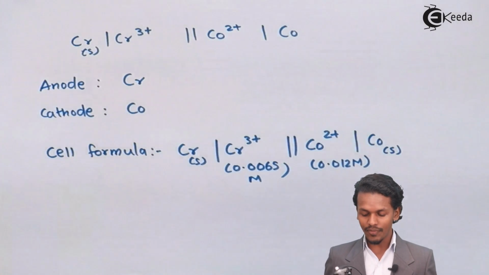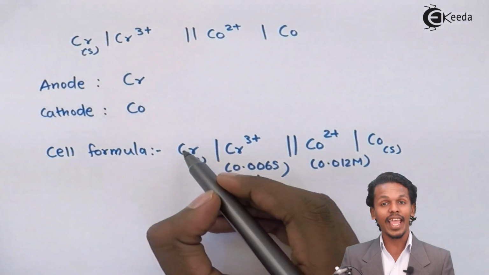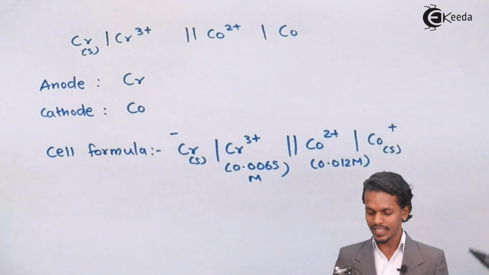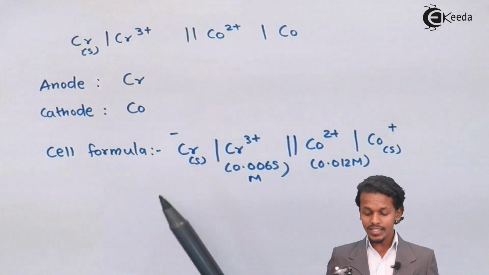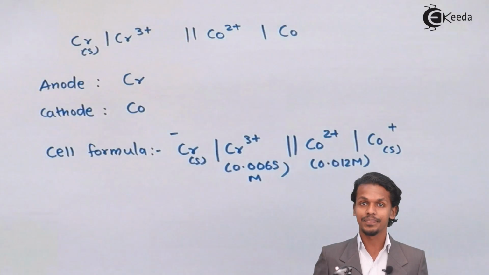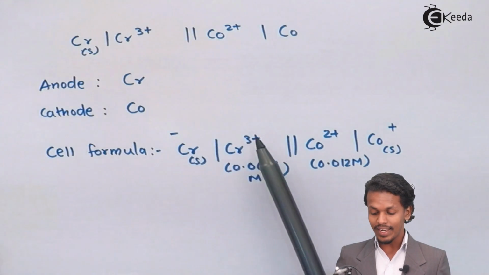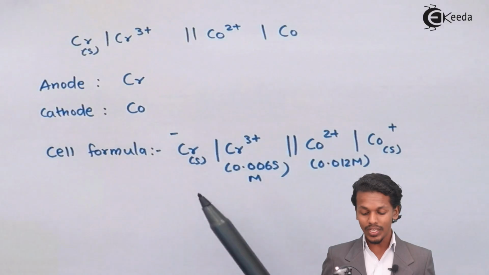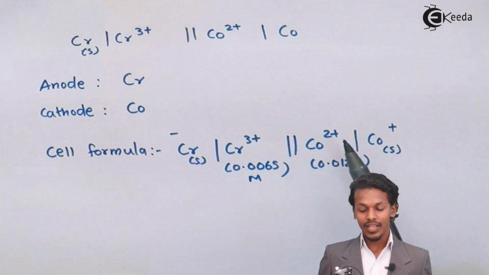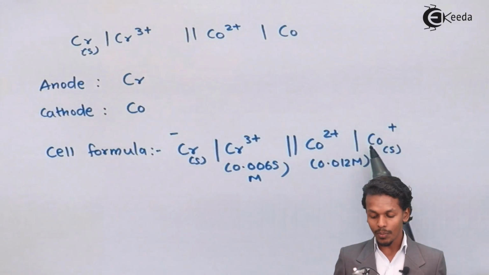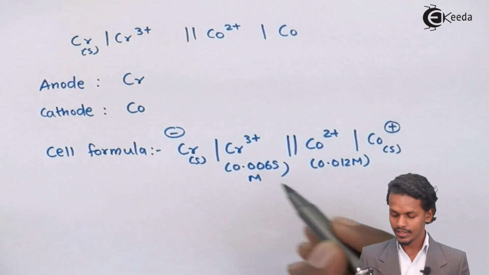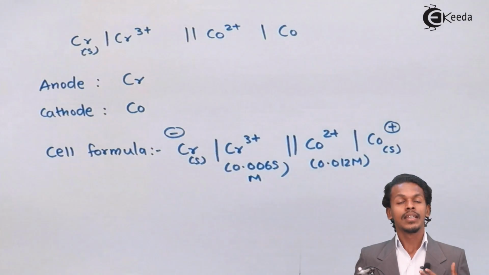So this is the overall cell formula that we have represented, but the anode should always have a negative charge while the cathode should always have a positive charge. Since chromium is acting as an anode, it will show oxidation. So this chromium will lose 3 electrons to form Cr3 plus, while Co2 plus will accept 2 electrons to form Co, which is acting as a cathode.